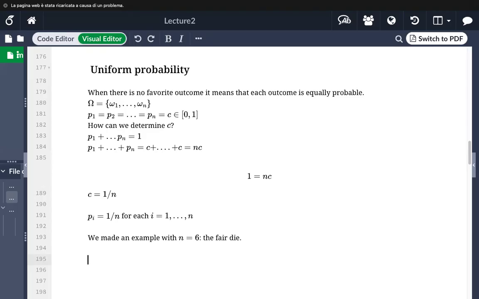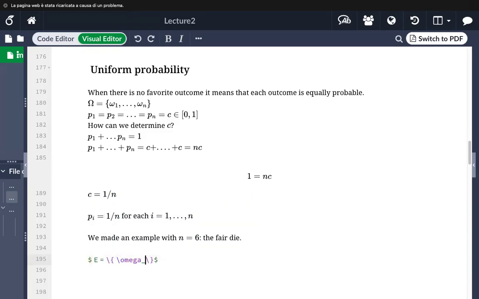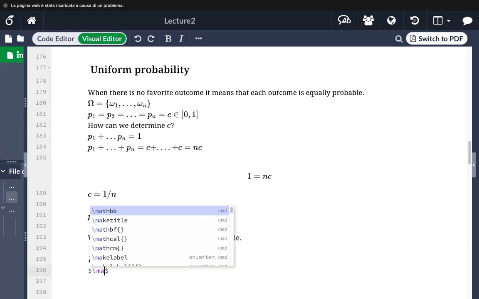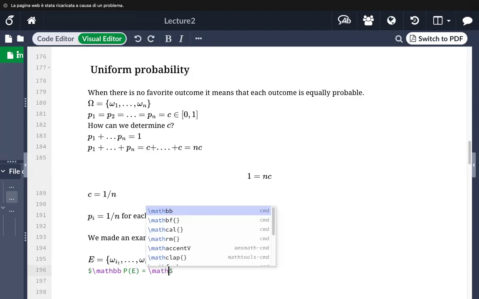If E is equal to the set of k elements omega i1, ..., omega ik, indexed by i1, ..., ik, then the probability of E is equal to the probability of the elementary events that compose it.